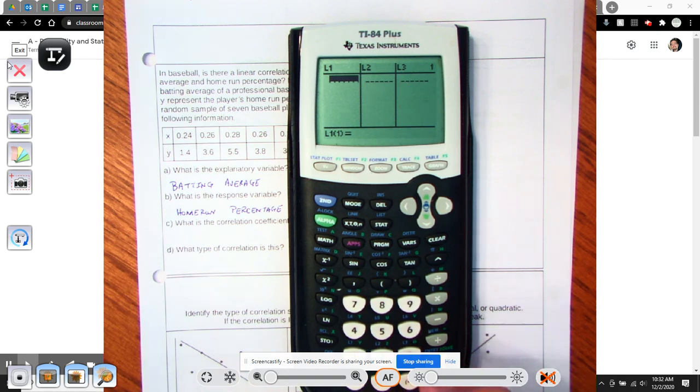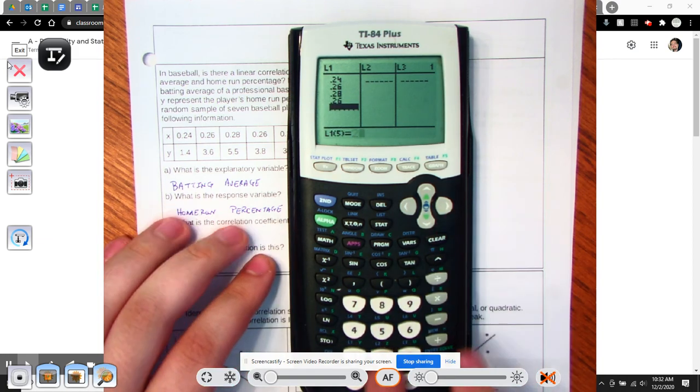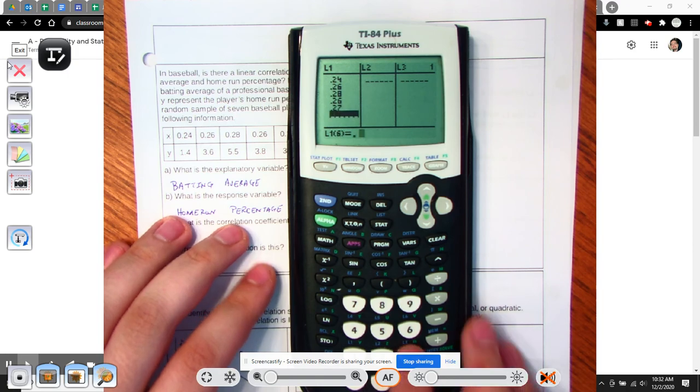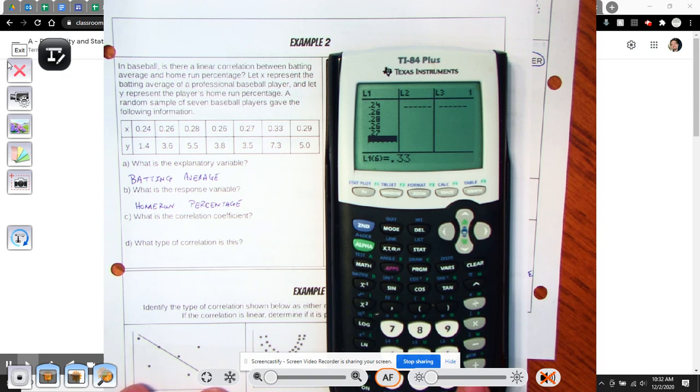So now I'm going to enter my numbers. I'm going to go in the same order for my list 1 and list 2. So 0.24, enter, 0.26, 0.28, 0.26, 0.27, 0.33, and 0.29.